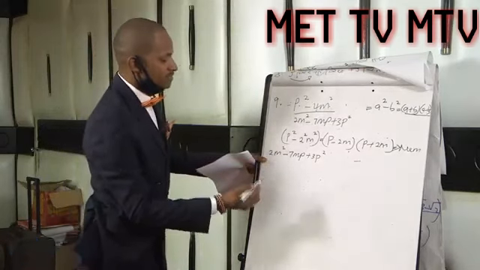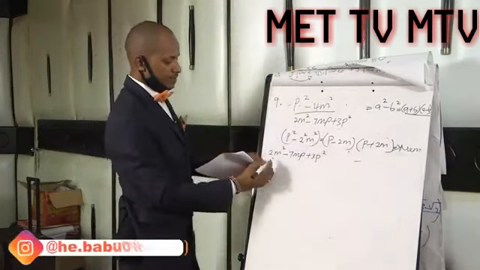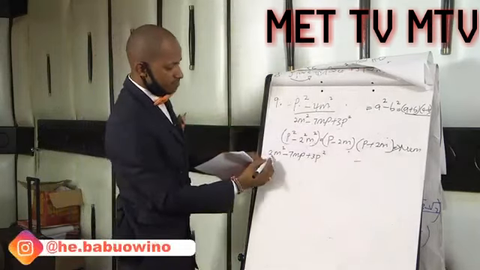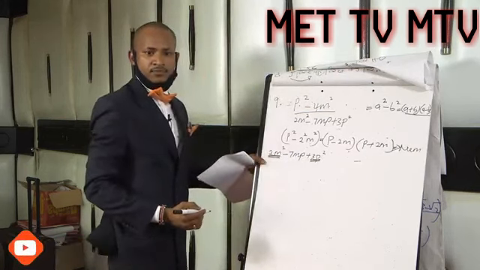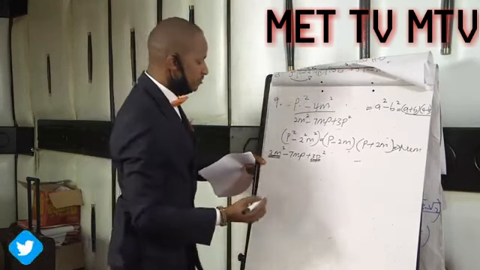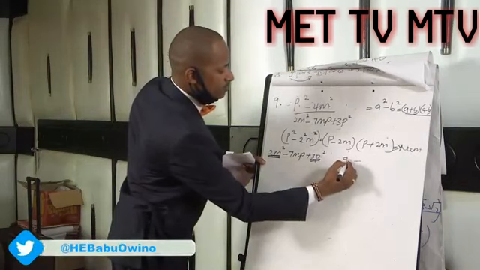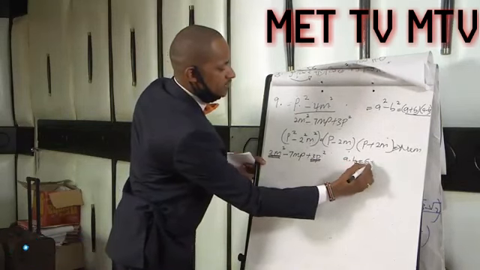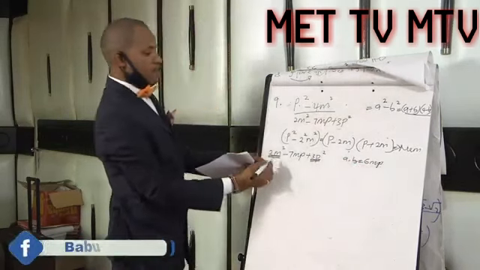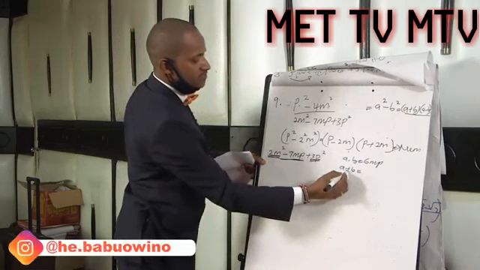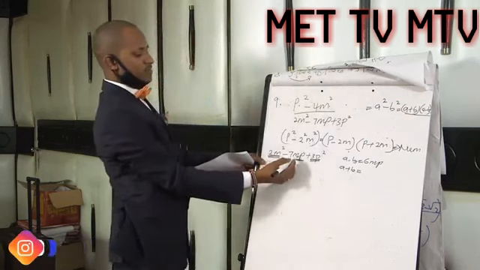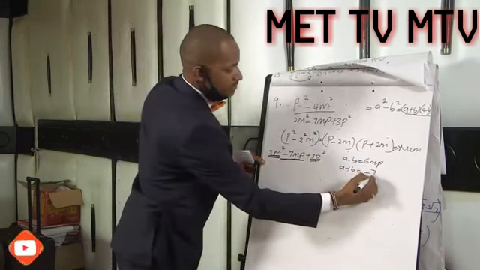Look for two numbers that when you multiply give you 2m squared times 3p, so when you multiply them it gives you 6mp. But when you add the same two numbers, let the numbers be a and b, it gives you minus 7mp.